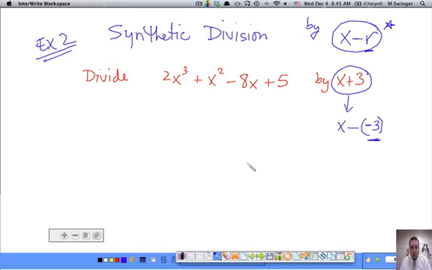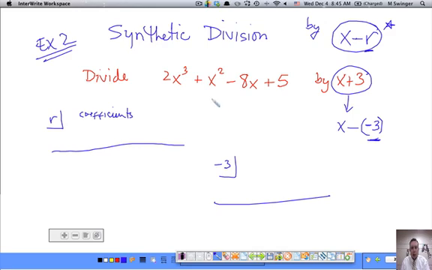Now here's what you do. You put r. Here's how I do it. I do it a little bit different, maybe the video that you watched. I put r in a box like this, and then I put the coefficients just like the other person did here, and then I bring down and do all that work. Okay, so r goes in the box. So since r is negative 3, I put negative 3 in the box.